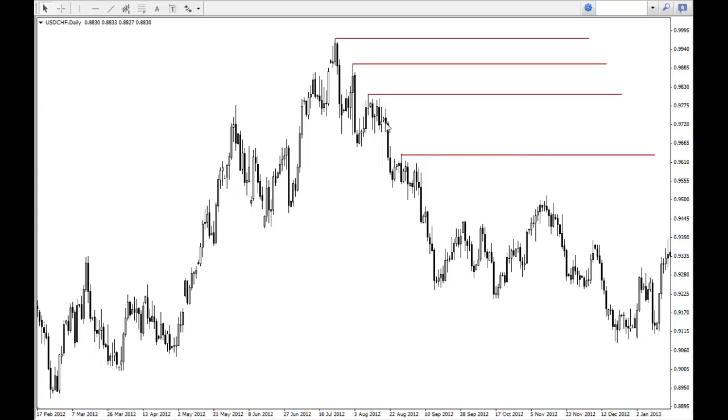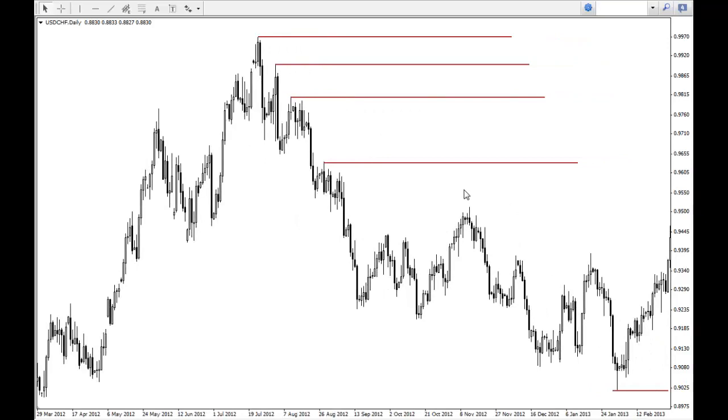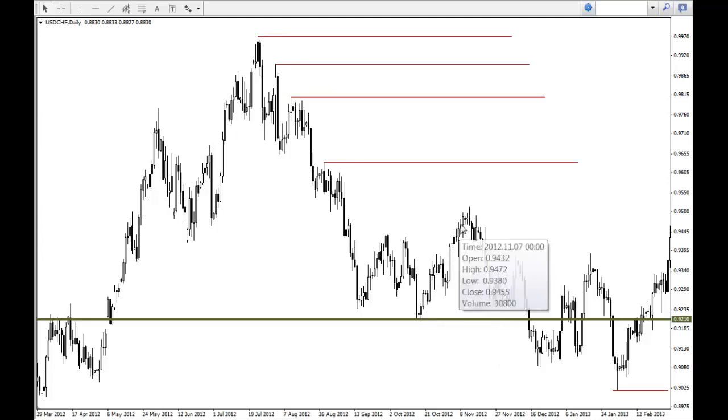I'll leave this one alone because that's a Sunday, I'm sure. Okay, so we have this low down here, which I'll just use a full horizontal for that. So we have this range, and this range, and this range, and we have the old high back here and the low here prior to this rally up.